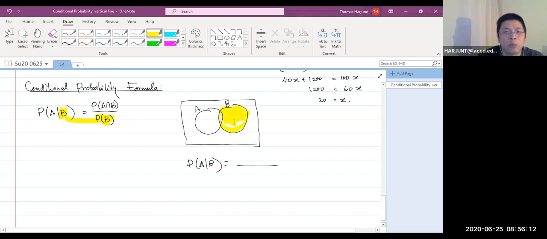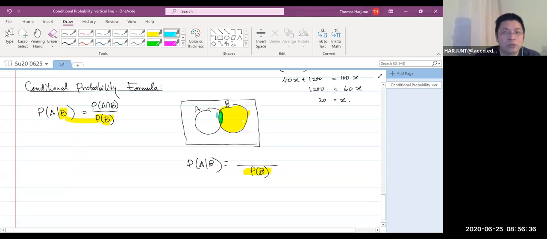At that time we used the number of elements in B. We can also now use the probability of B. Then what part of B is also in A refers to this part here, because we select only from B. Of those in B, which part is in A?